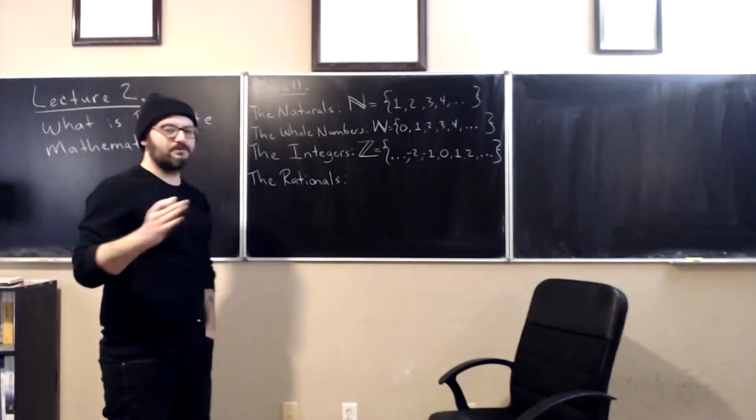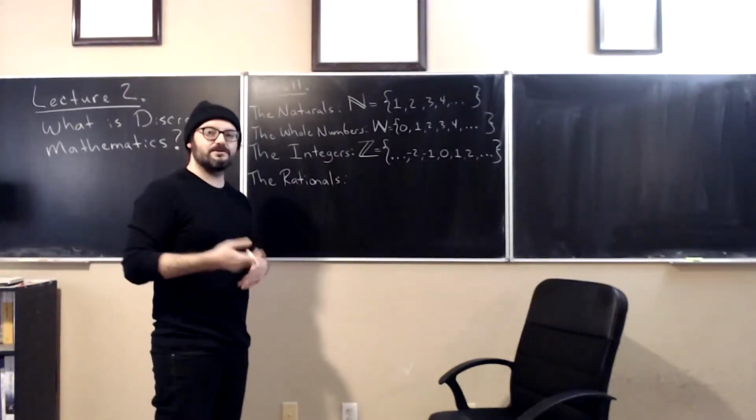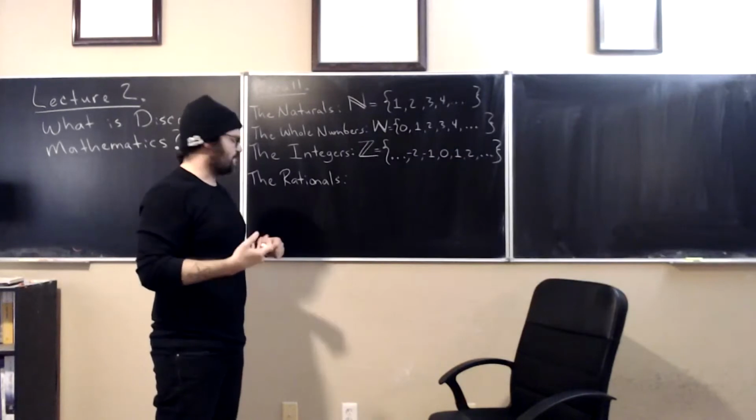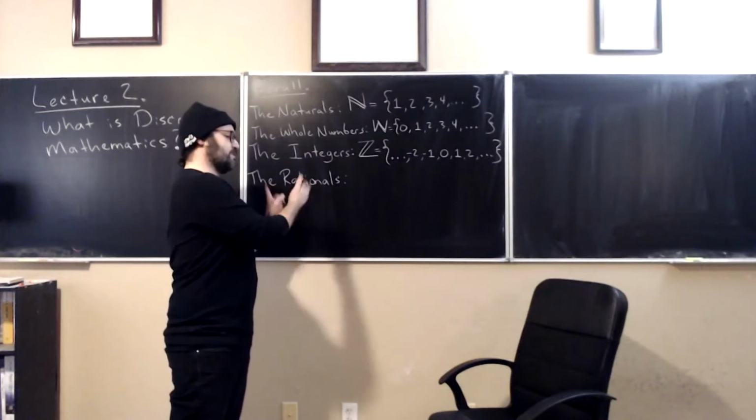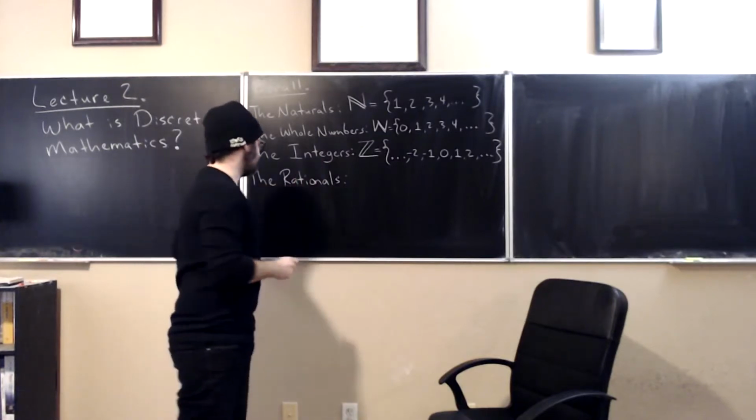Now, bear with me for a moment. I'm going to use notation that you haven't seen before, but it's almost necessary for me to use this notation to describe this set of numbers.